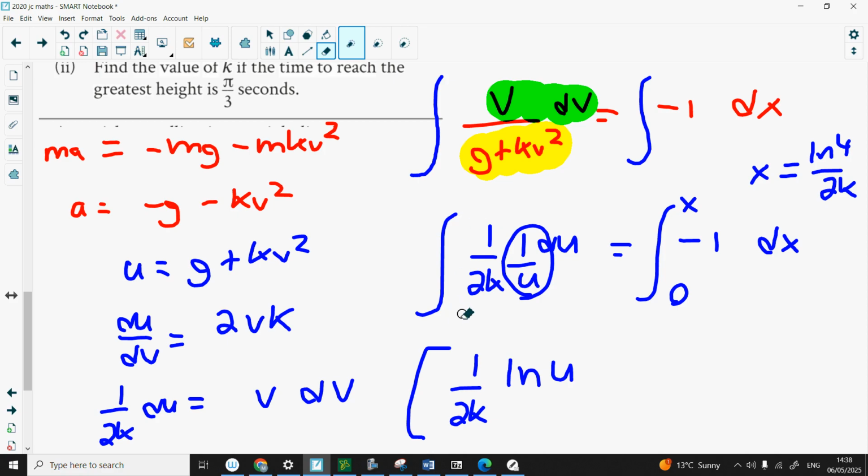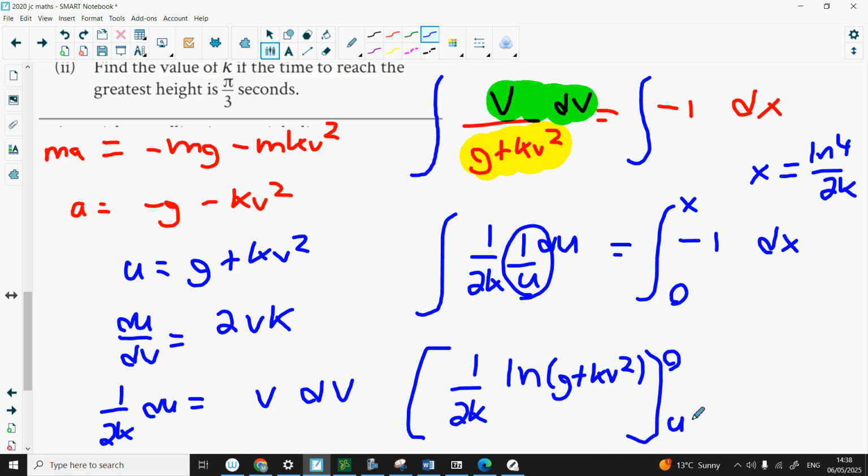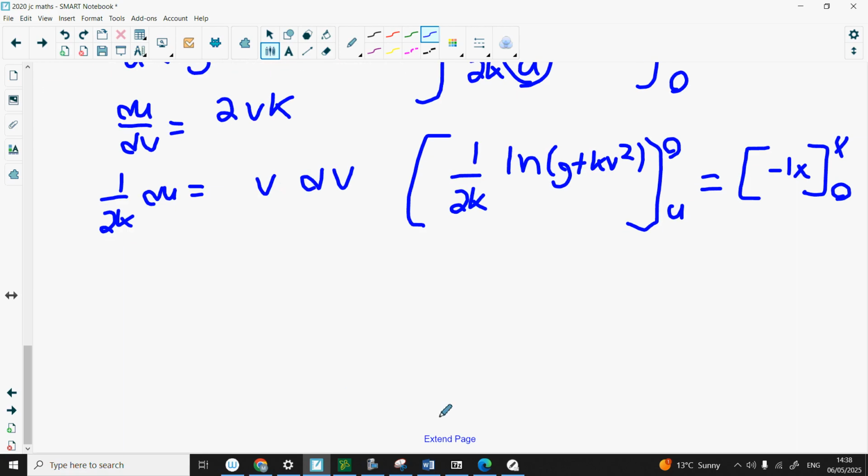So I'm going to quickly back out of that. And what am I going to change this u into? g plus kv squared. And I'm going to put them back in, 0 and u respectively. And on this other side, I'm going to have minus 1 dx from x to 0. So we close that. Okay. And we get minus 1 x.